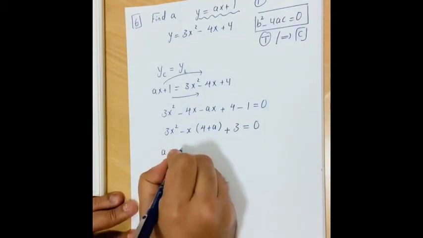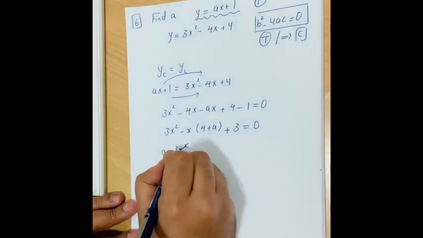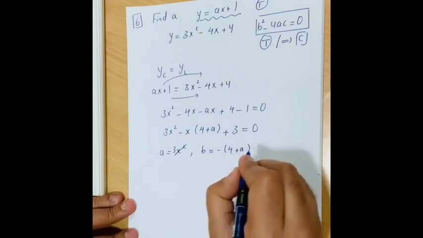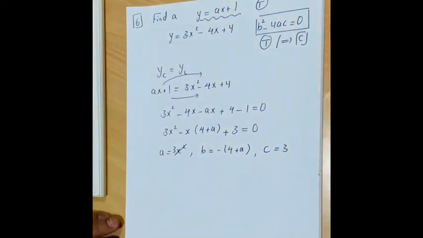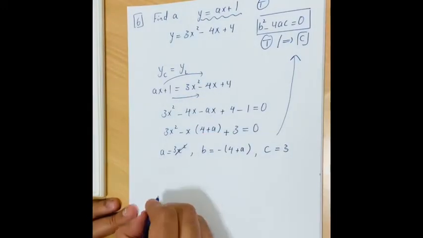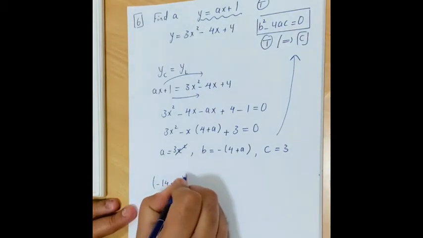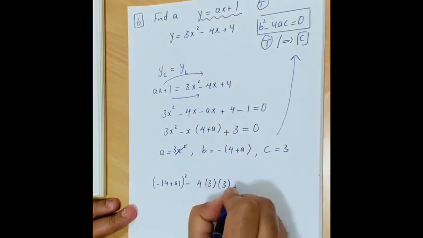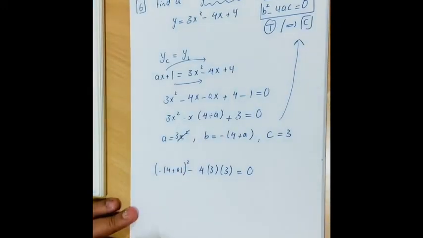Now for x squared, a is 3. b is negative 4 plus a, which is the coefficient of x, and c is the constant part, the numerical part. Now use that in the discriminant: b, which is negative 4 plus a, all squared, minus 4 times a times c, which is 3, equals 0. Squaring the negative is positive.